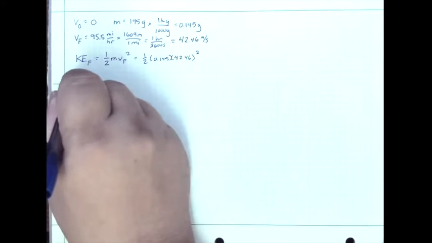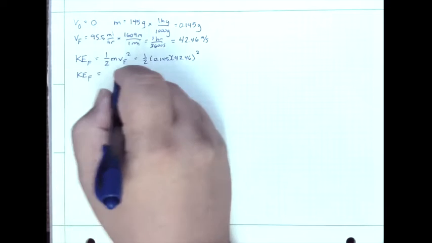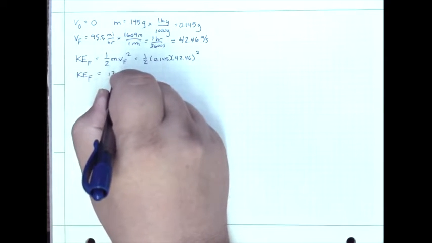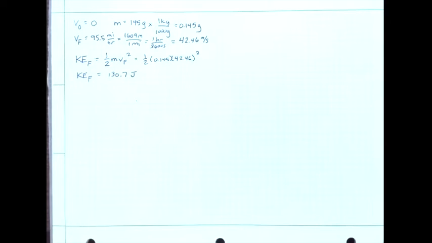And we get that the final kinetic energy of the baseball is 130.7 joules. We would report this as 131 joules to 3 significant figures. I'll keep that extra significant figure, however, for future calculations.